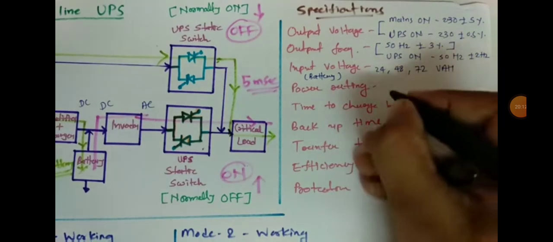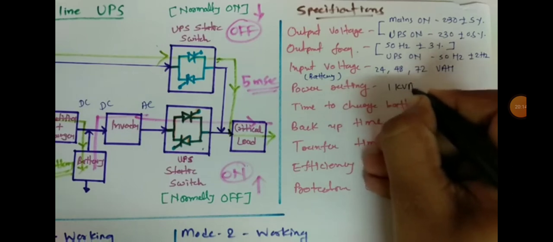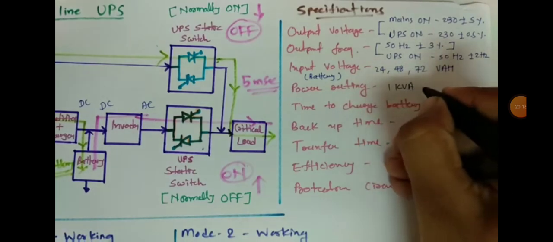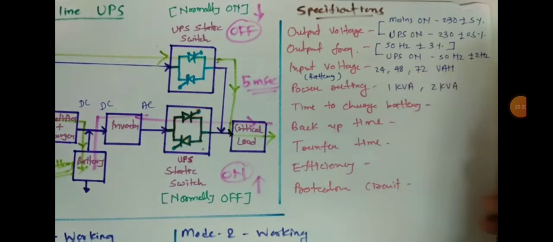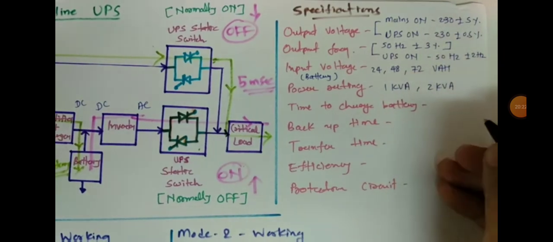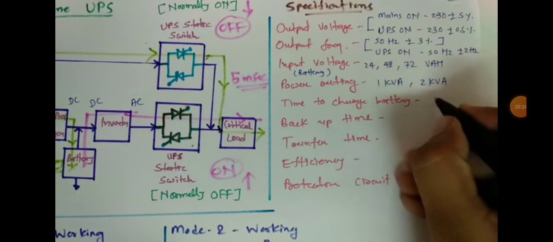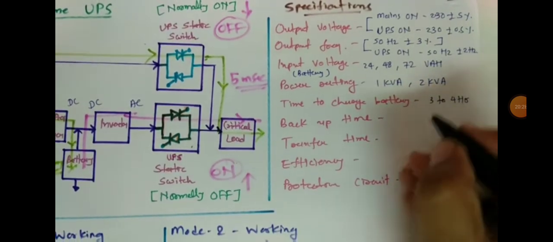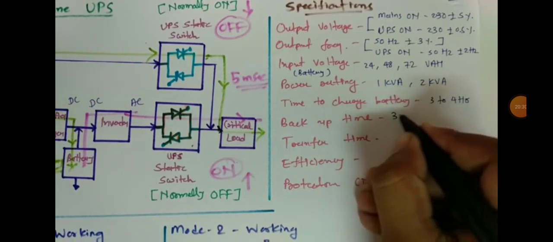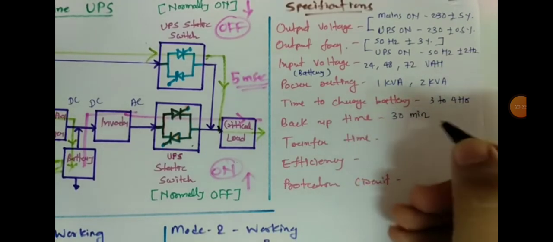Power rating is available with 1 kilovolt ampere, 2 kilovolt ampere. Time required to charge the battery is 3 to 4 hours. It provides backup of 30 minutes approximately.